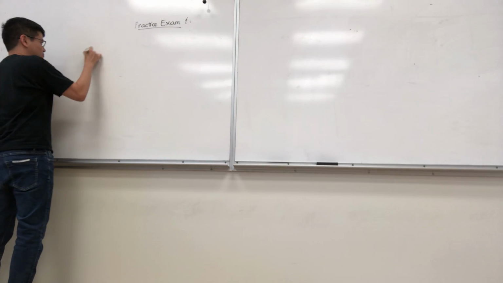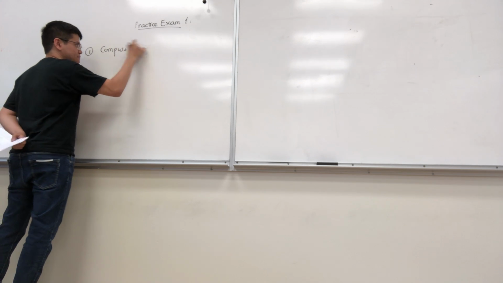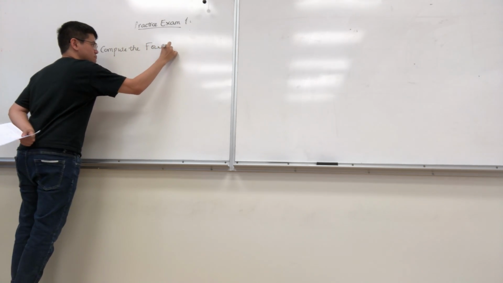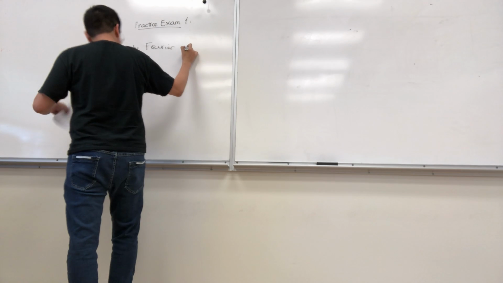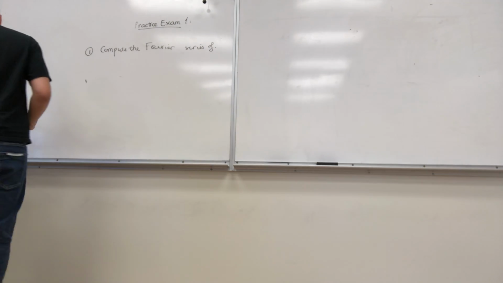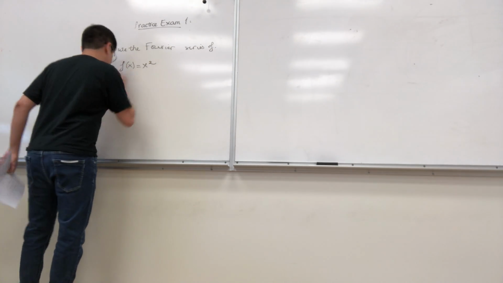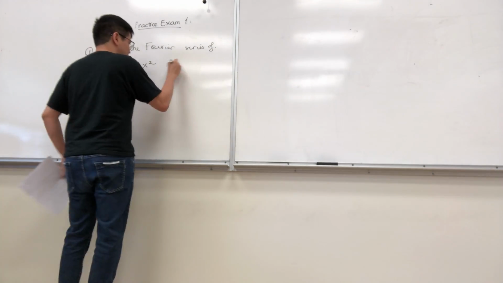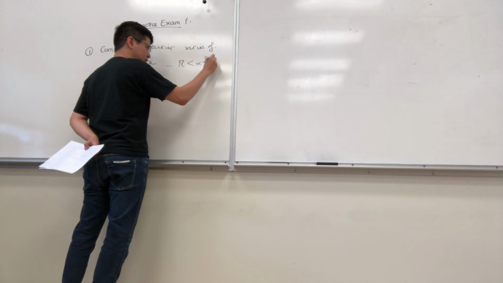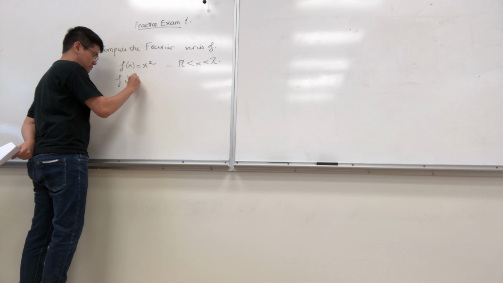Problem number 1, compute the Fourier series of f(x) = x squared, where x is going from minus pi to pi, and f is 2 pi periodic.